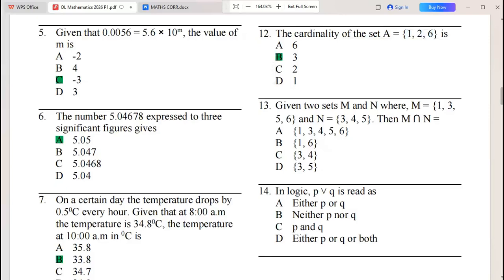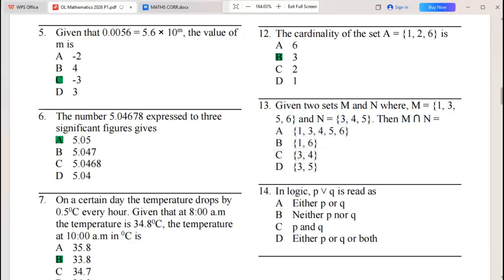Question 13. Given two sets M and N, where M is equal to {1, 3, 5, 6}, and N is equal to {3, 4, 5}, then M intersection N is equal to? M intersection N talks about the elements which are found in both M and N. Now looking at this, we have 1 in M, but there is no 1 in N, so it's not part. We have 3 in M and we have 3 in N, so 3 is part of this intersection.